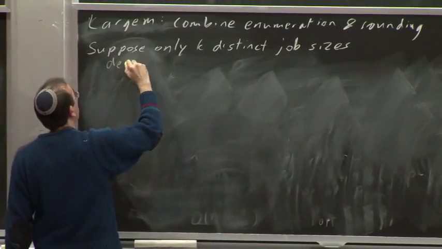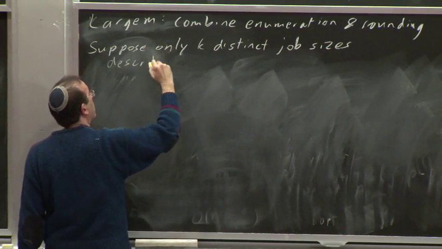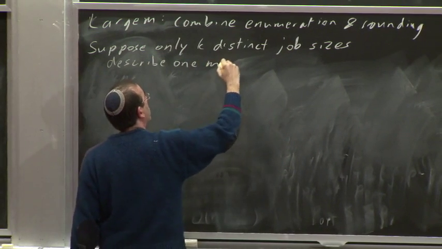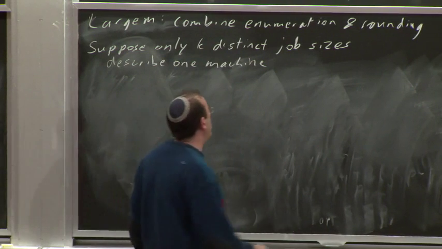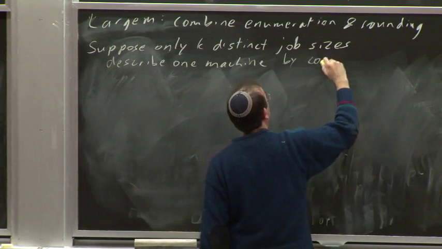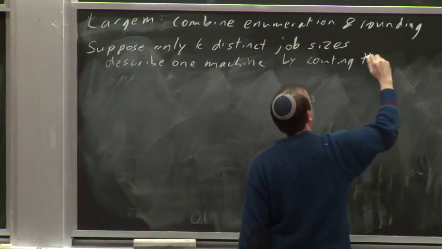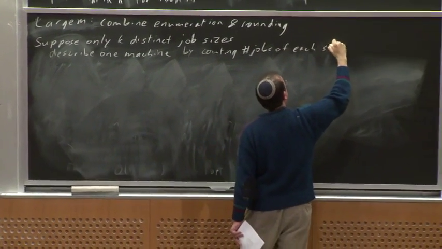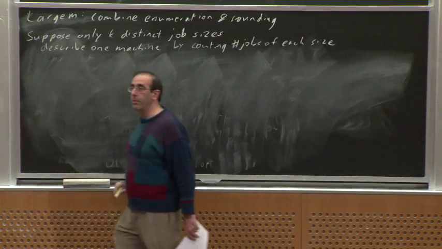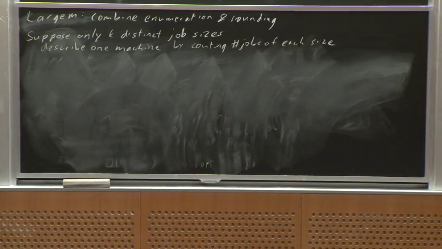To describe one machine and the jobs that are running on one machine, I can just count the number of jobs of each size that are on that machine. So it becomes easier to specify a solution.